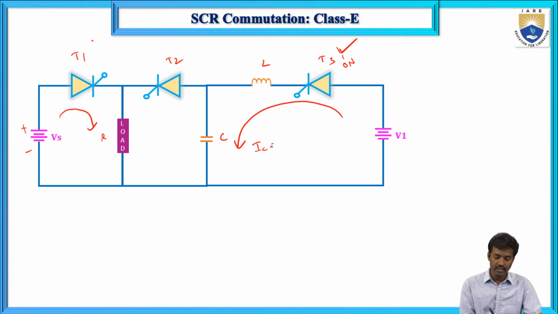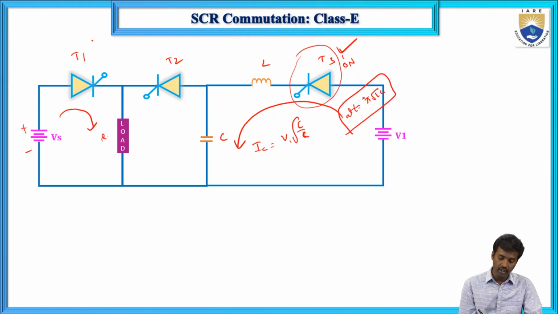The capacitor current IC equals V1 times the square root of C by L, that is V1 by the square root of L by C. At t equals pi times the square root of LC, T3 turns off. The capacitor is charging up to 2V1.